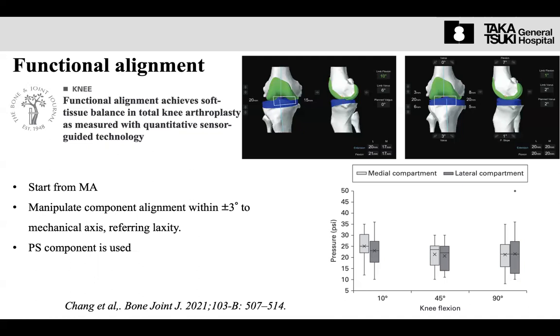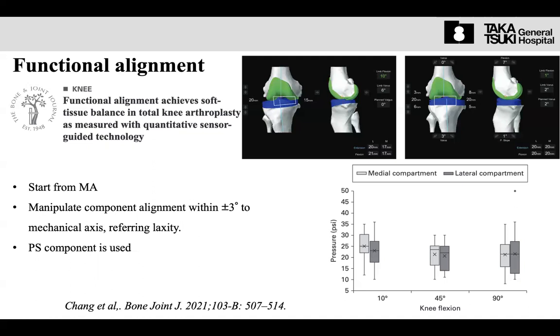If the surgeon wants to make an equal gap, the surgeon can adjust the cutting angle to get the equal balanced gap. It depends on the surgeon's philosophy. Anyway, the final goal is to make the gap.